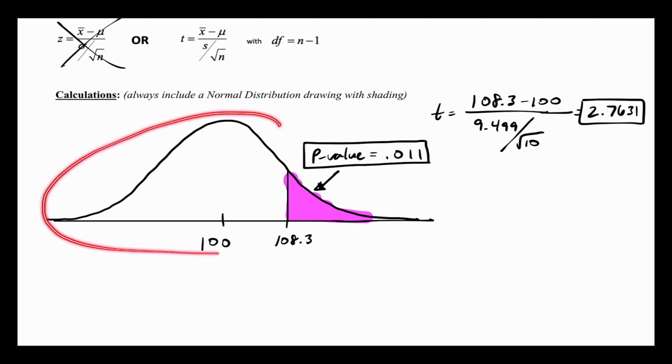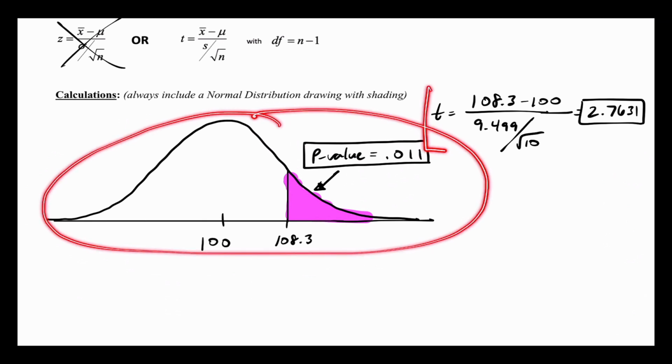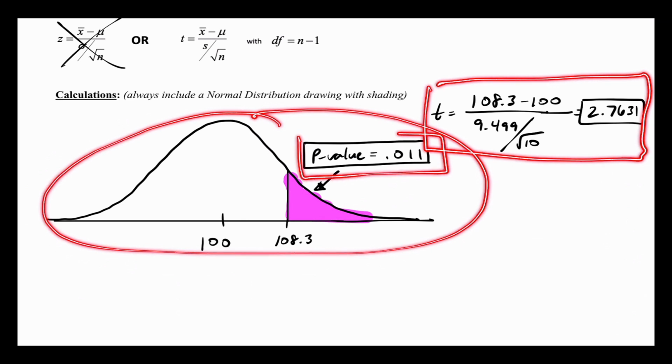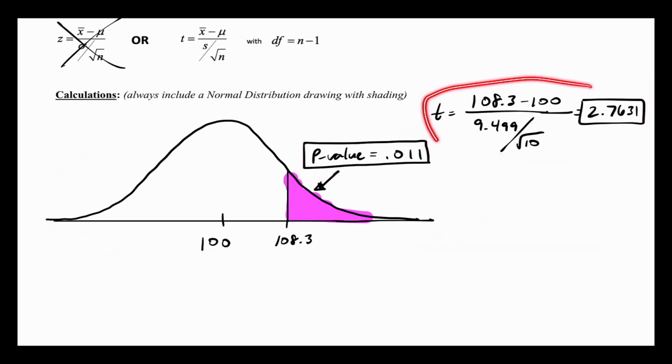You need a picture, you need a t-score showing your calculations, and you need a p-value. If you're missing one of those things, they'll dock you on that. So those are the 3 things you need to get credit for calculations: picture, p-value, and the t-score.